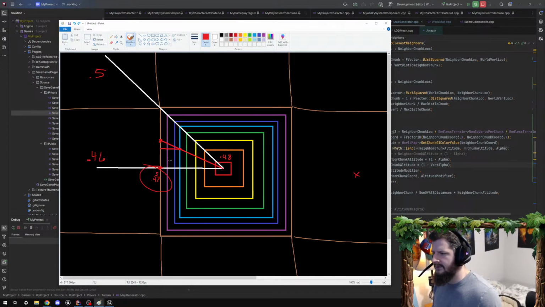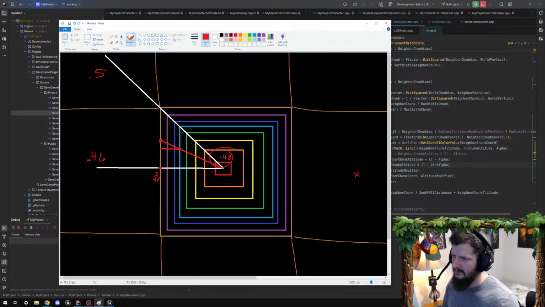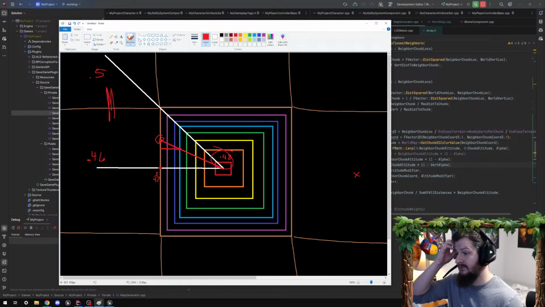For example, this point, I would want half of each, because this is kind of just saying this is the trunk's average altitude or something, right? And then at this point, I would want half of these two, and whatever amount from this. I just don't know what that amount is, right?